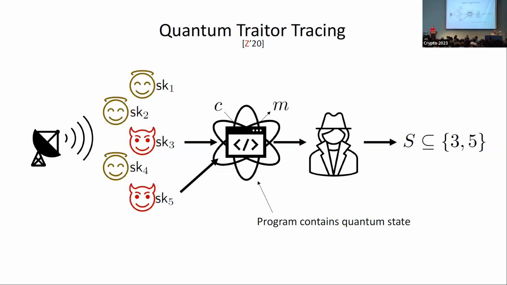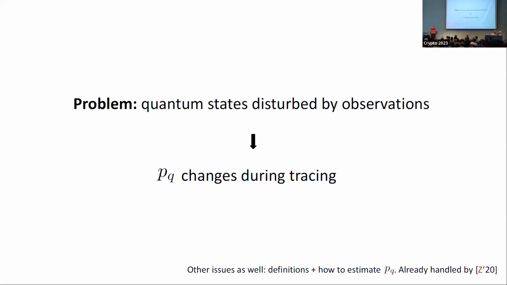Okay, so now let's enter the quantum setting. The problem we're going to be concerned about today is when the pirate decoder produced by the malicious users actually contains a quantum state. And we still want to be able to trace such quantum state decoders. The problem is that in quantum mechanics, when you observe a quantum state, you potentially disturb it, and maybe you change it to a different state.